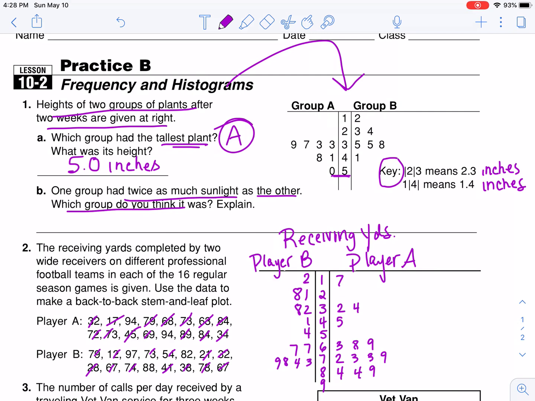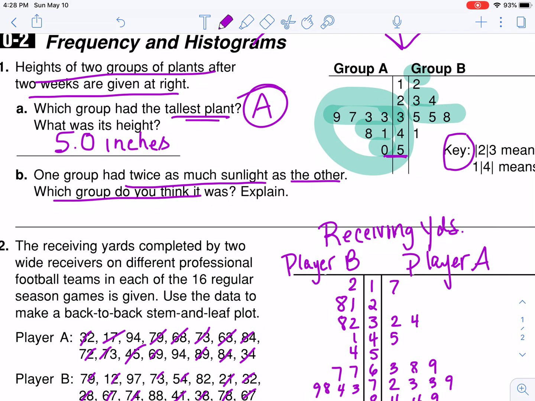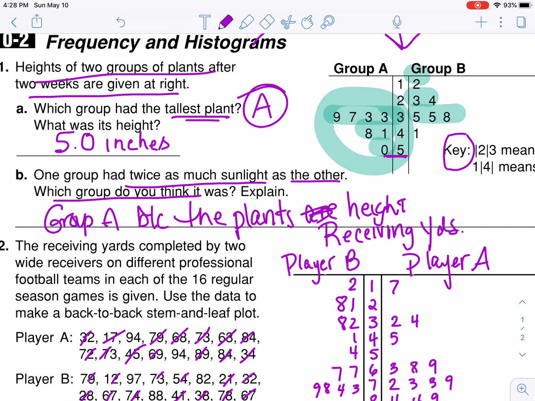And if we look at the distribution of group A, they look to be taller than group B. So I believe that group A had twice as much sunlight because the plants' heights are greater or bigger or taller.